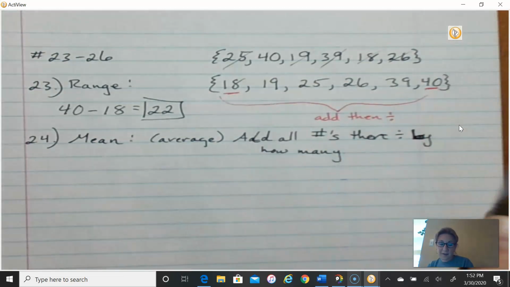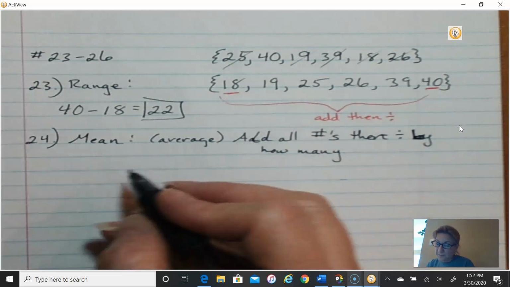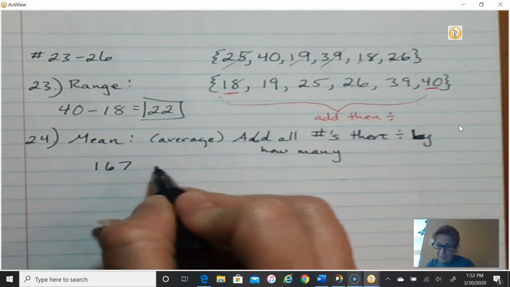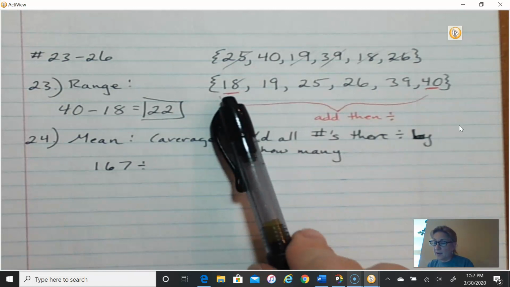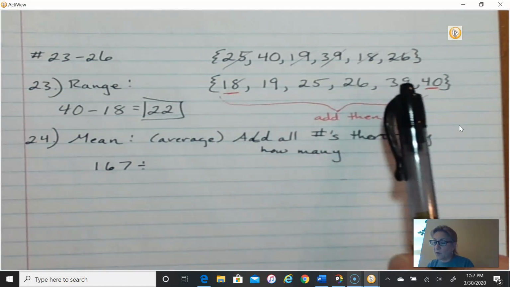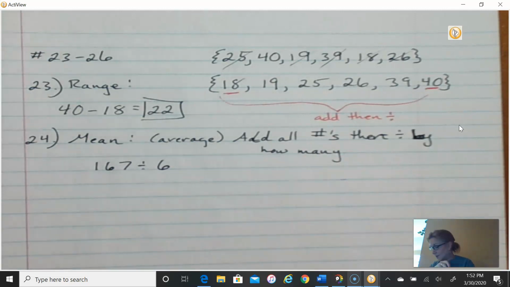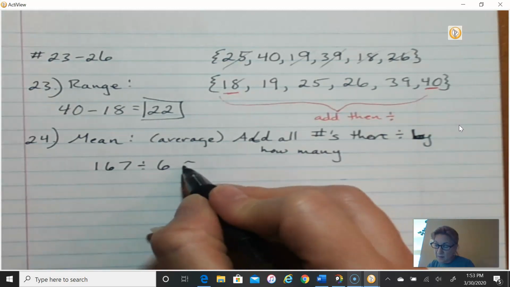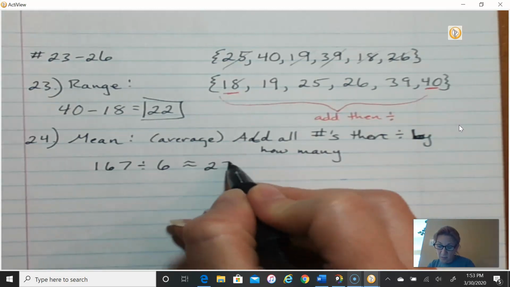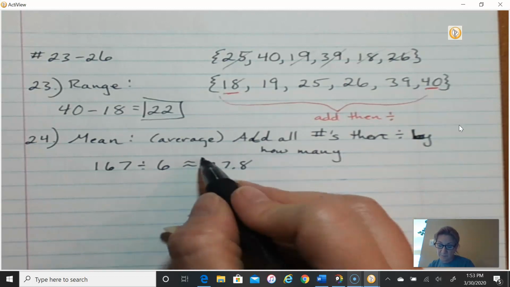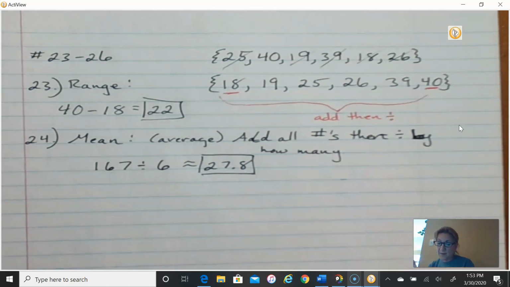If you add all that together, you get 167. How many do we have? 1, 2, 3, 4, 5, 6. So you're going to divide by 6. Now it did say, and I don't mind y'all using calculators for this, to round to the nearest tenth. So if you rounded correctly, you got 27.8. That's the mean, the average.